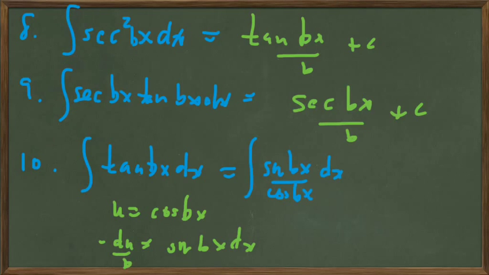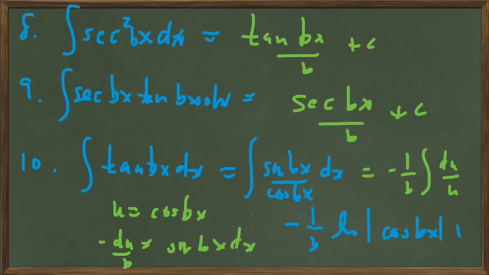It'd be an over b here, so this then turns into minus 1 over b du over u, which gives us minus 1 over b ln of u, but u is cosine bx, so it's minus 1 over b ln cosine bx plus c.